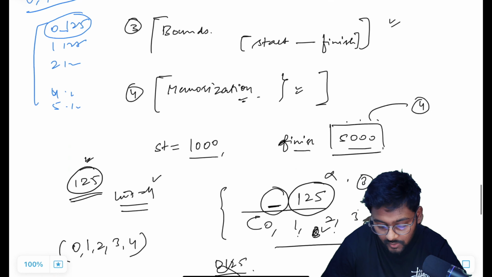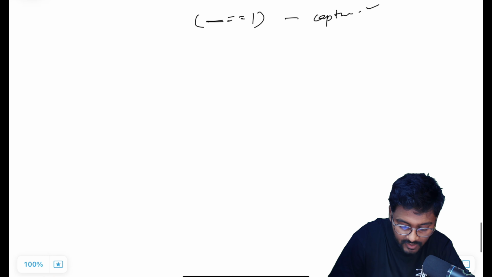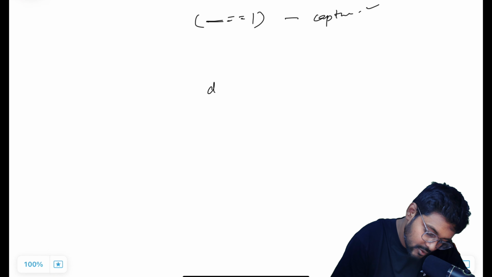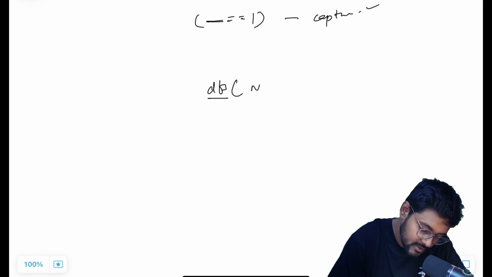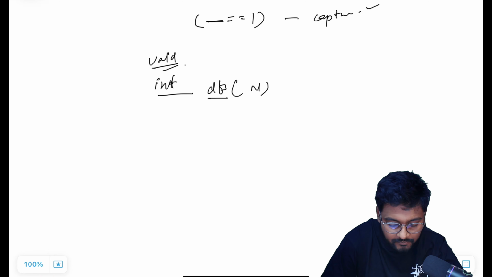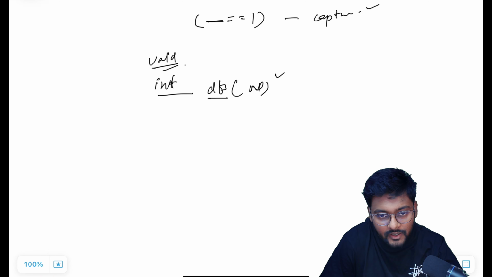How can you memorize the call? Let's say you are writing a DFS function, you are passing n, and what you are returning is all the valid numbers till this range.